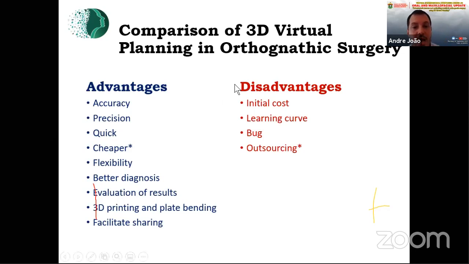I like to say that it has more flexibility because I can try many different treatment plans to achieve the ideal one. It's a better tool for proper diagnosis and evaluation of results. You can also get 3D printing and pre-bend the plates if you want, and it also facilitates sharing.